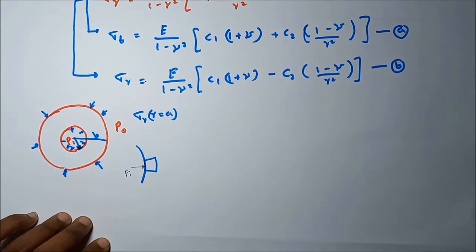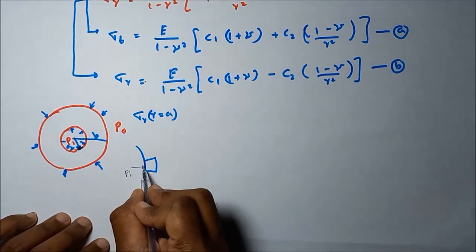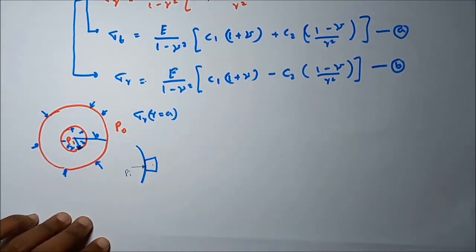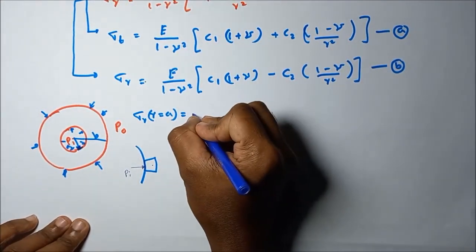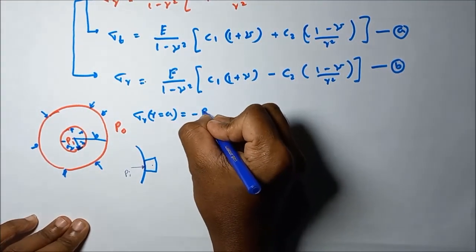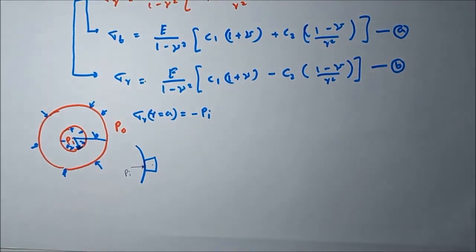That means it is acting inward to the stress element. But we have to consider the sign. Positive stresses we are marking outward from the stress element, so this one is equal to minus Pi.